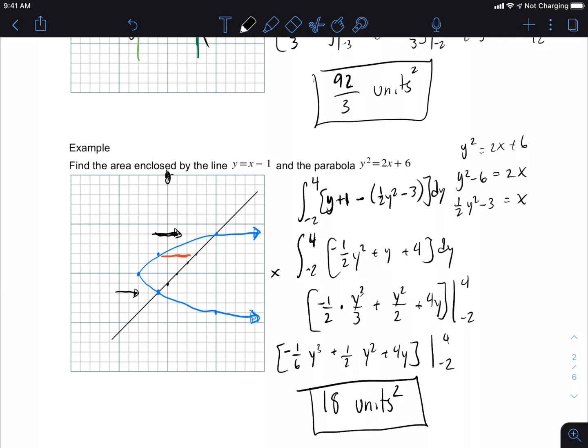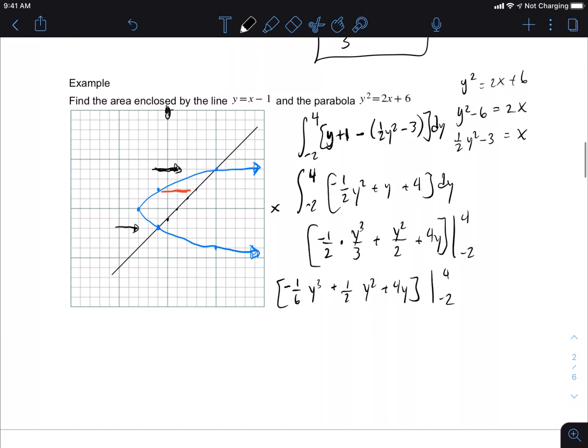Yeah, got 14 over 3. There's a way. Could you show us, because this goes back to the fundamental theorem, right? Where you plug in f of b minus f of a. Okay, here we go.